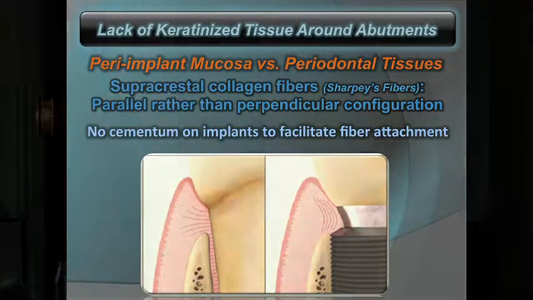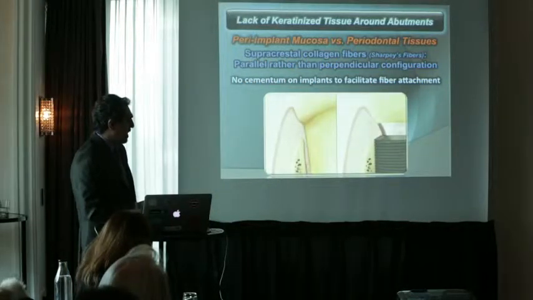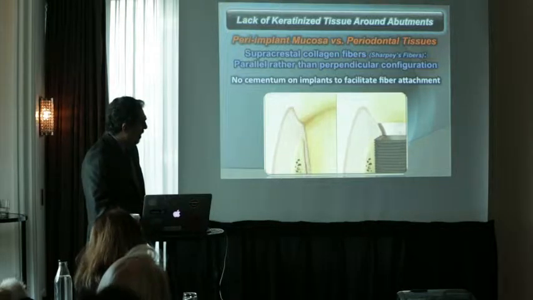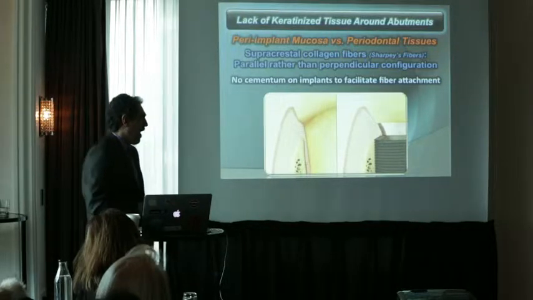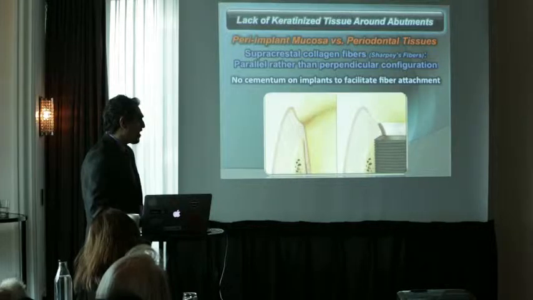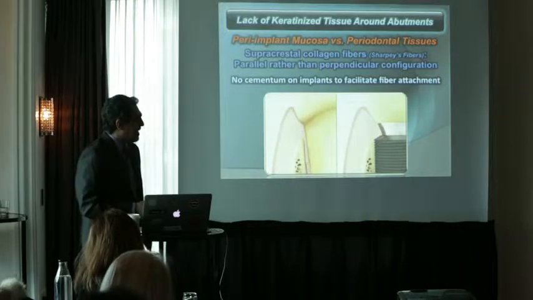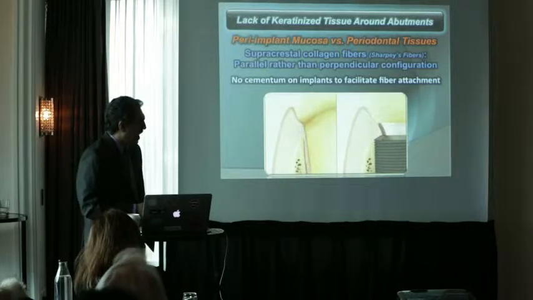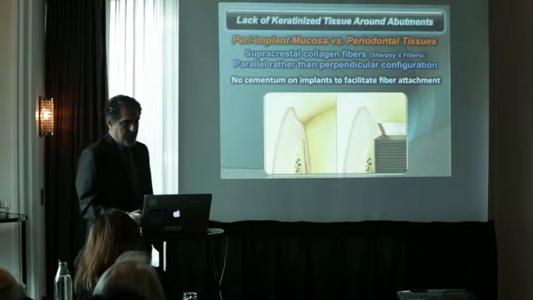As you can see, the supracrestal fibers in natural dentition, the natural tooth, are very tightly attached to the tooth with Sharpey's fibers, and you have a very tight connection protecting the level of the bone. With implants, we usually don't have that. The fibers are parallel, not perpendicular, and the connection is just a very weak hemidesmosomal connection.